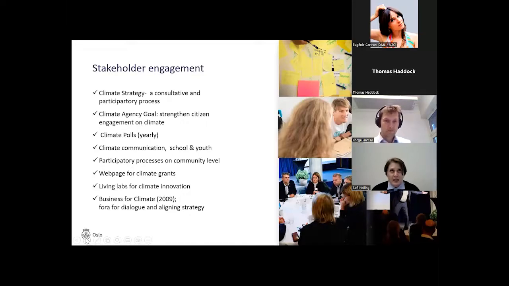In this coalition, companies sign a contract with our vice mayor, where they commit to actively reduce climate emissions in the city. This collaboration has led to groundbreaking work related to our actions implemented through the climate budget. So my colleague Borge will take over now and go into the details on the climate budget.